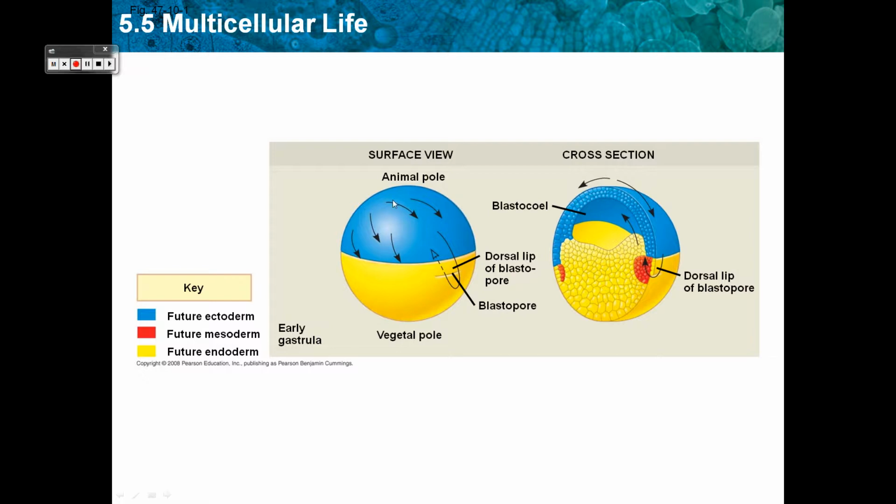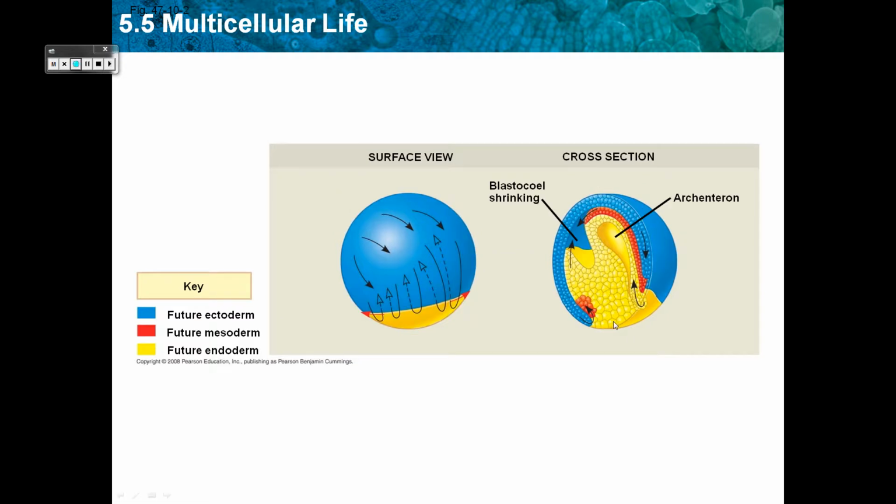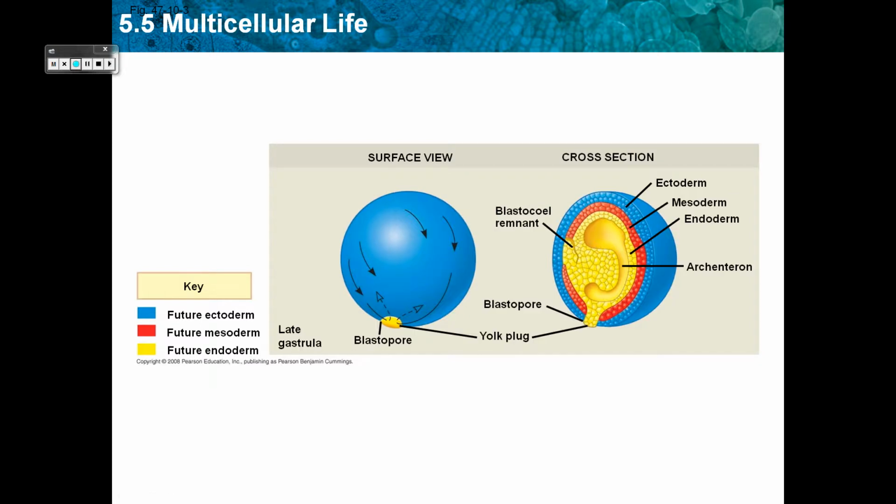All of the cells will change position, kind of like a Chinese fire drill, where these top cells will move to the bottom and the inside cells are going to move around, and these red cells are going to spread themselves around. So see how they're moving. How they're moving is not important, just that they move. And then finally, this is how they end up.